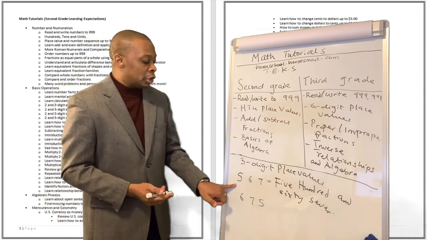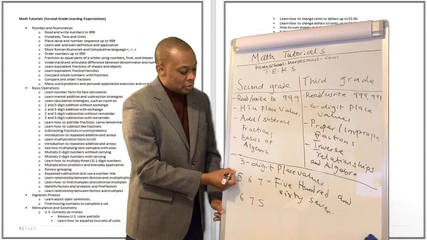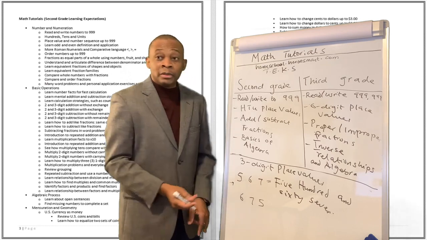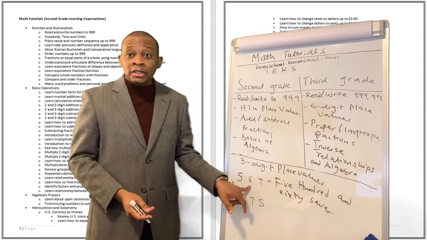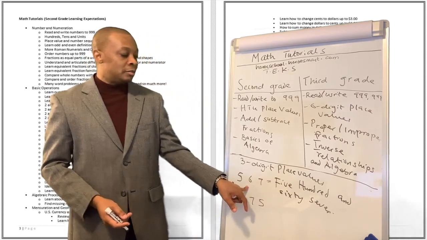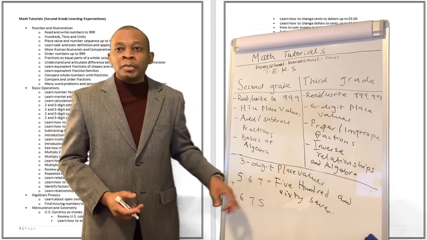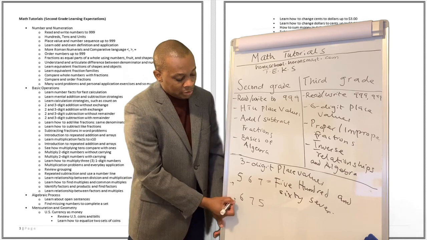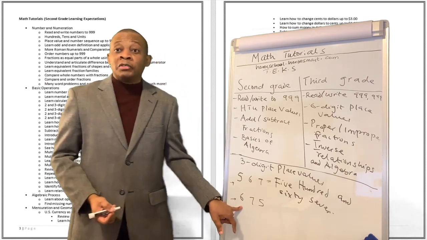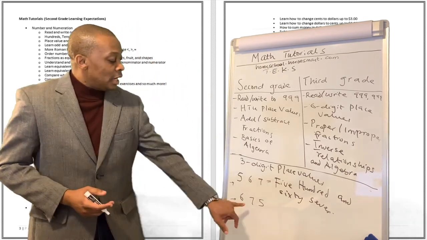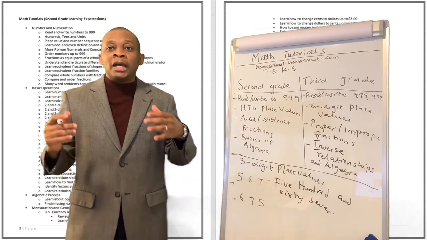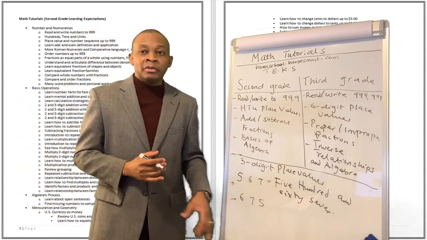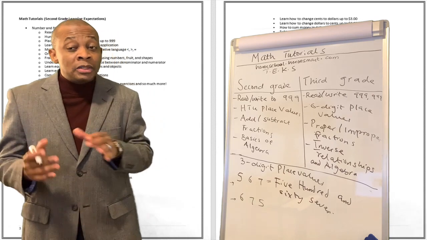So digit 5 occupies the first place in this number, digit 6 occupies the second place, and digit 7 occupies the third place. But over here in this number, digit 6 occupies the first place, digit 7 occupies the second place, and digit 5 occupies the third place.